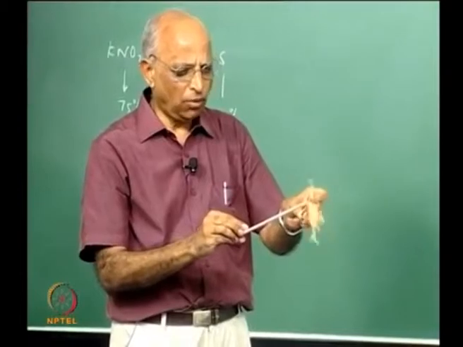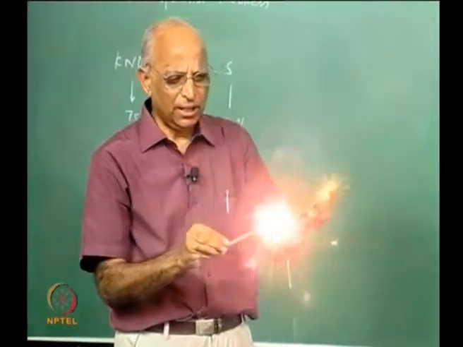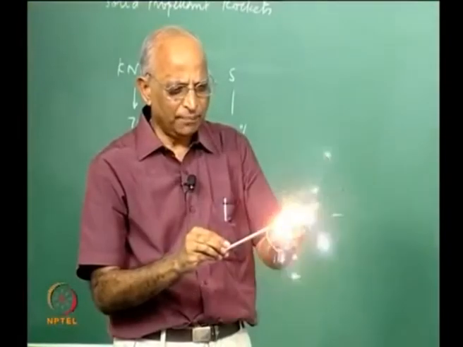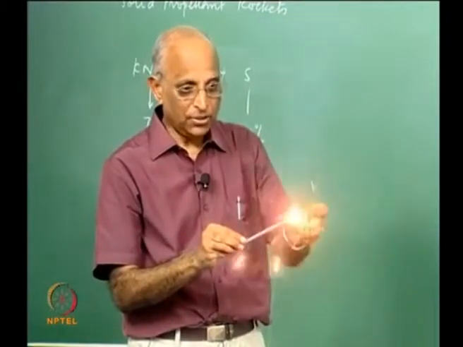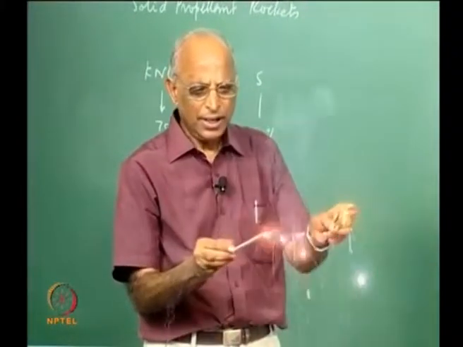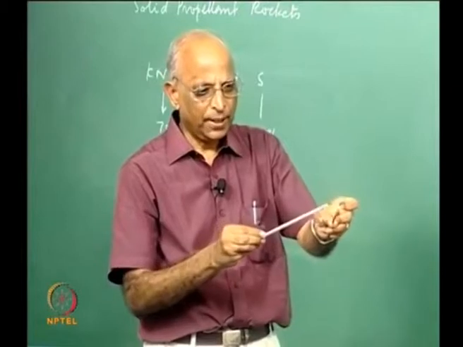The metal having so much energy, you find the heat is much higher, and that is why we say metal has a higher heat of combustion, and that is why metals are used in solid propellant rockets.